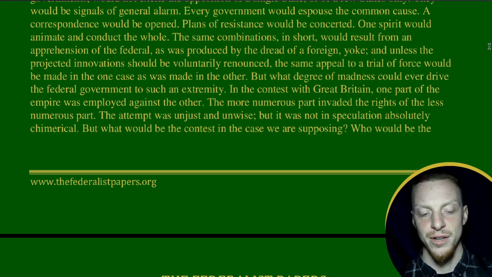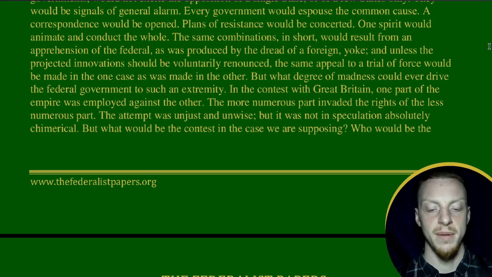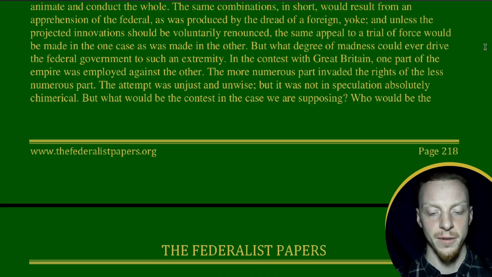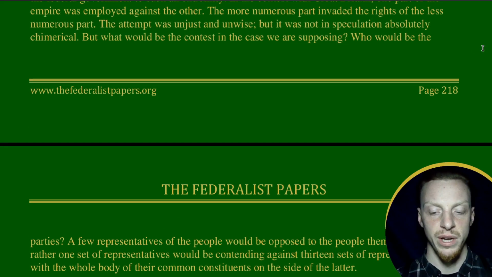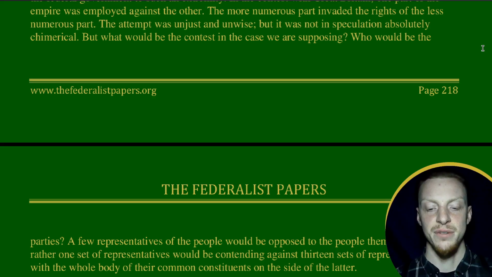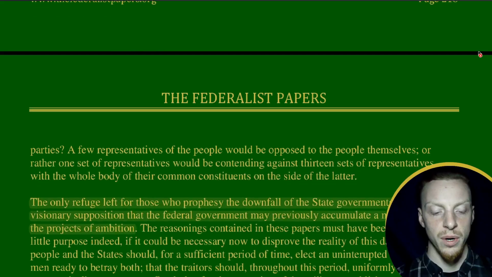But what degree of madness could ever drive the federal government to such an extremity? In the contest with Great Britain, one part of the empire was employed against the other. The more numerous part invaded the rights of a less numerous part. The attempt was unjust and unwise, but it was not in speculation absolutely chimerical. But what would be the contest in the case we are supposing? Who would be the parties?